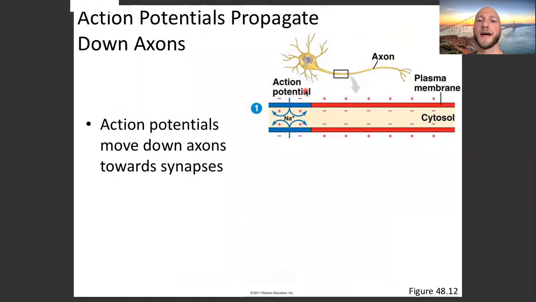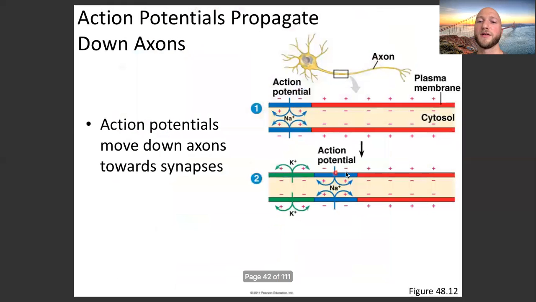So right here, we have sodium rushing in, causing the inside to become more positive. Those sodium ions are going to diffuse over this next little area, causing it to depolarize to the threshold voltage, opening up more of those voltage-gated sodium channels.